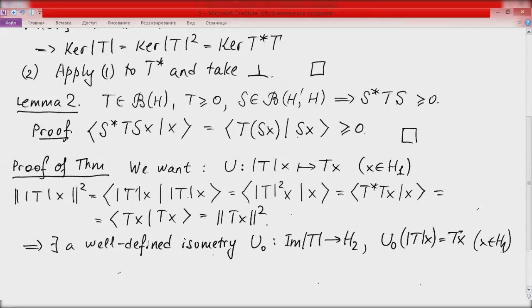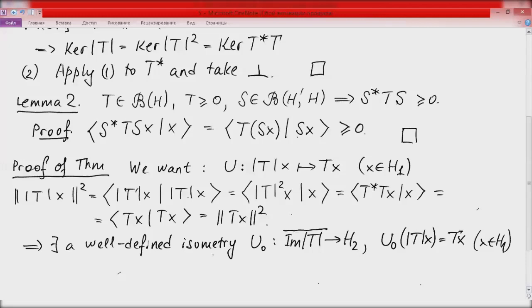It is well defined because of the previous line. So if the modulus of Tx is 0, then Tx is 0. So this is well defined, and it is an isometry again by the previous line. Also, we can extend it by continuity to the closure of this image. So I put the closure here. Obviously, each isometry defined on a vector subspace of a normed space uniquely extends to the closure of this subspace.